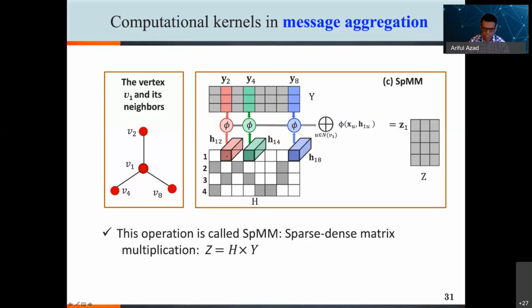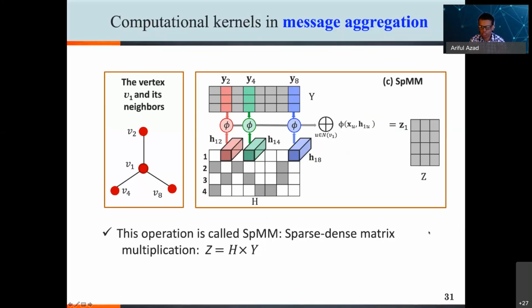So we have messages H1 to H1. Then we apply aggregation, and in aggregation we can also consider embedding vectors for neighbors. We apply another function phi, and then we sum them. It can be any aggregator, and then we get the new updated embedding for vertex 1.